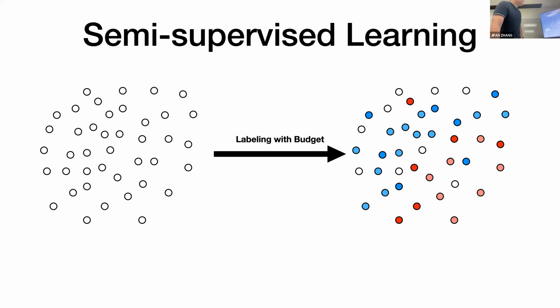I think the screen is a little bit harder to see, but these lighter nodes are pseudo labels. So you're saying, I'm pretty sure these lighter nodes are in one class versus another. Why don't I add those data in my training set and then train my model?